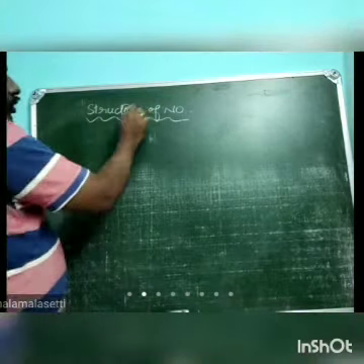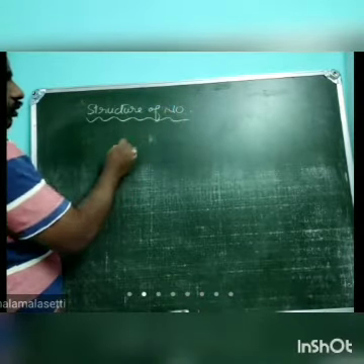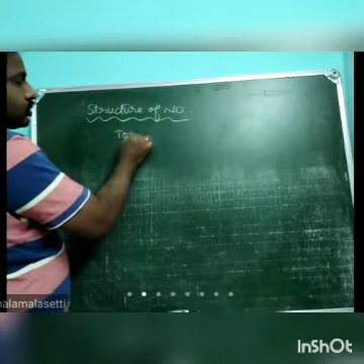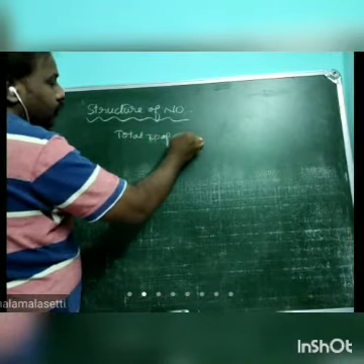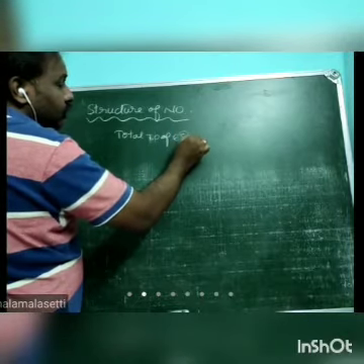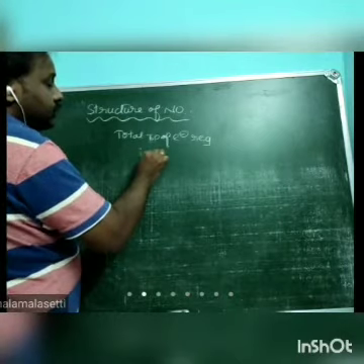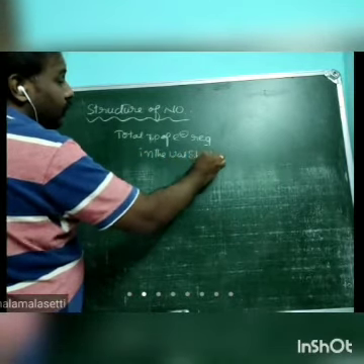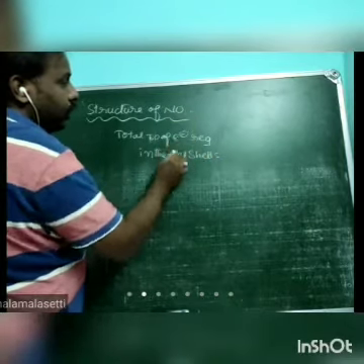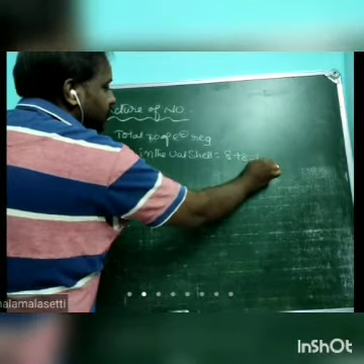Now, according to the octet rule, the total number of electrons required in the valency shell: how many atoms are there? 2. So 8 plus 8 is 16.